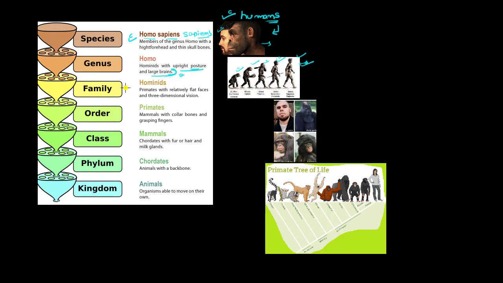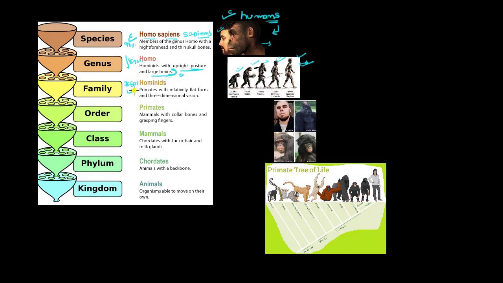Now if you talk about family, the similarity is going to decrease, right? So here you saw 99% similarities. Here let's go for 85 to 90%. Here let's just say 75 to 80%.